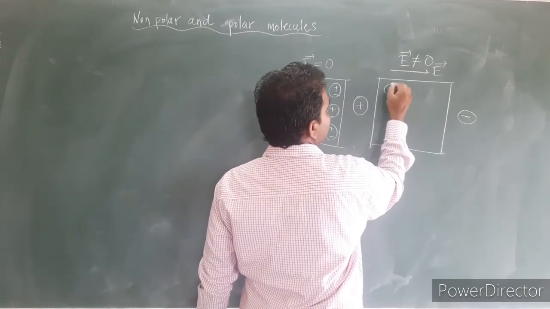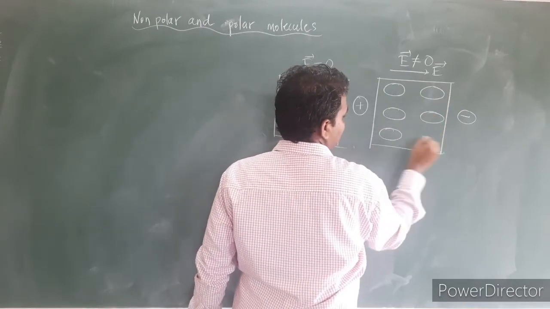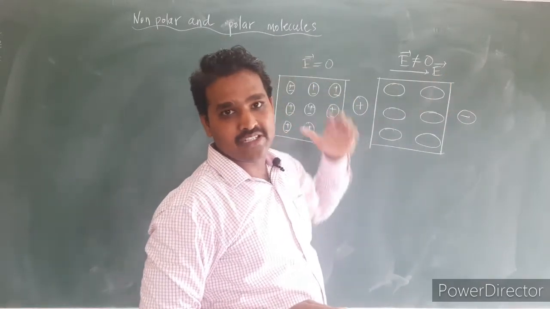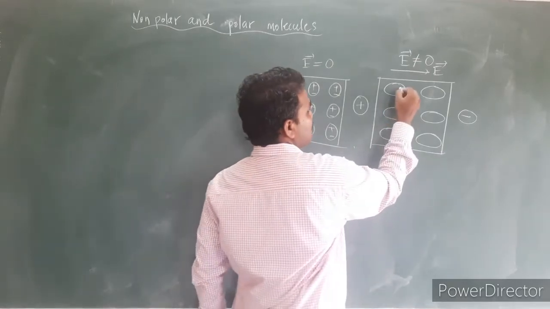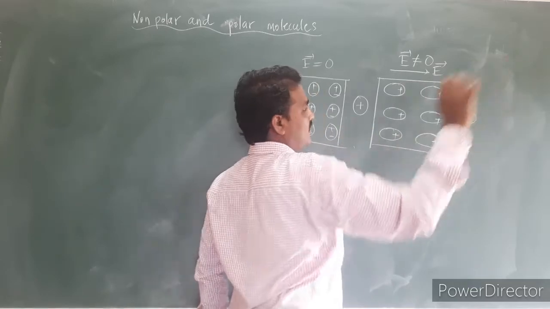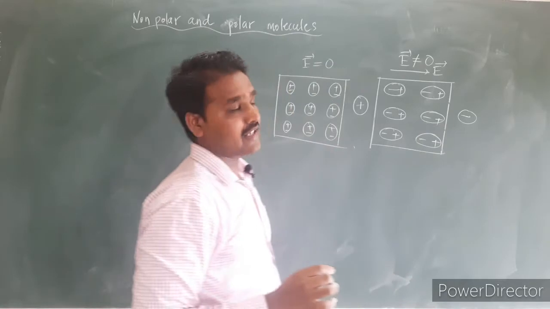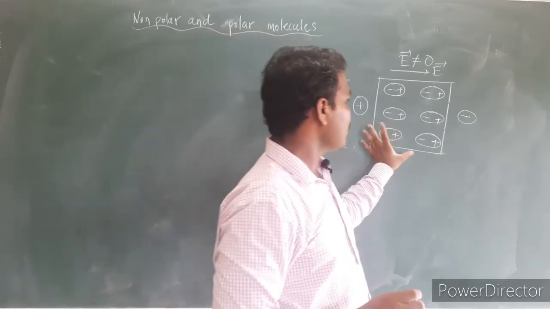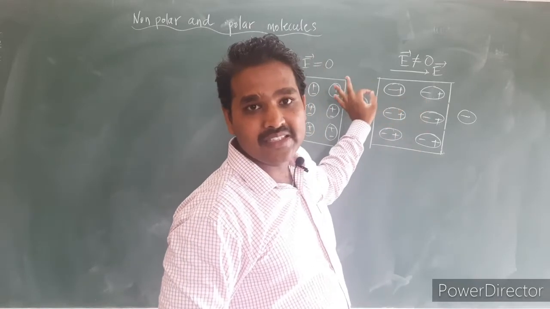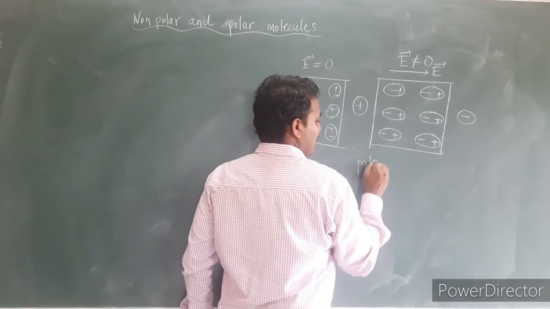So in the molecules there will be polarization. There is movement of these positive and negative charges in the direction of the electric field and in the opposite direction of the electric field respectively. We call this movement of the positive and negative charges a polarization.